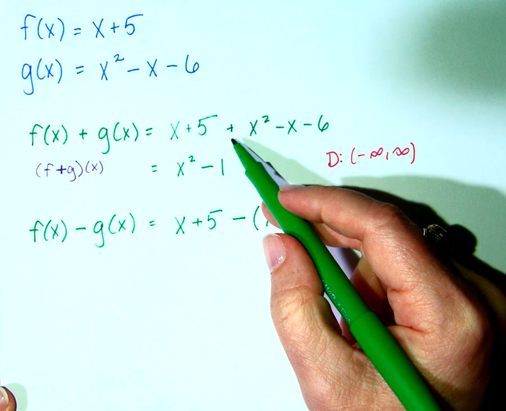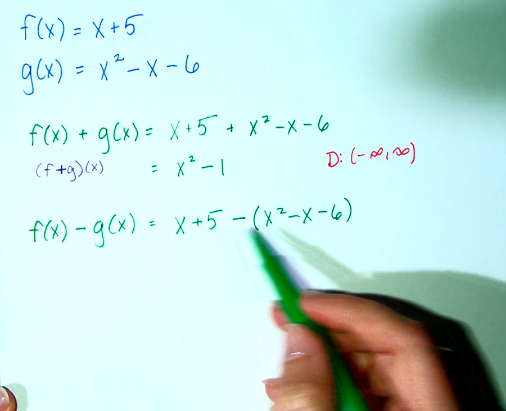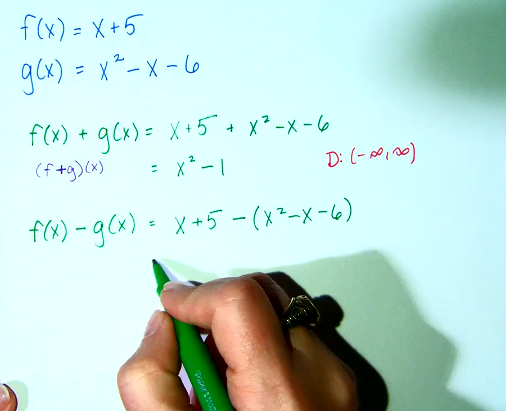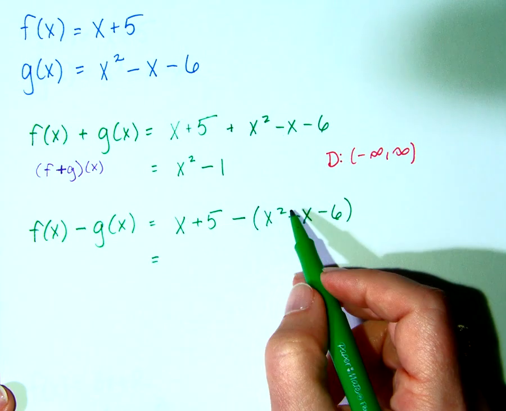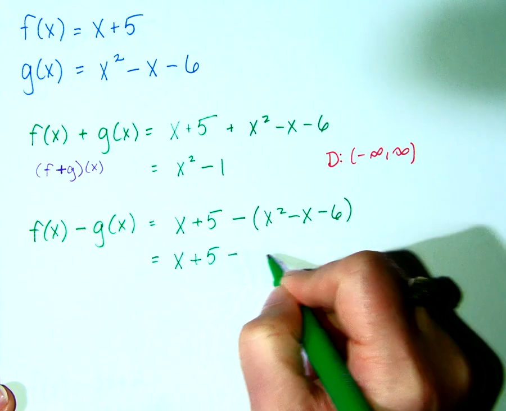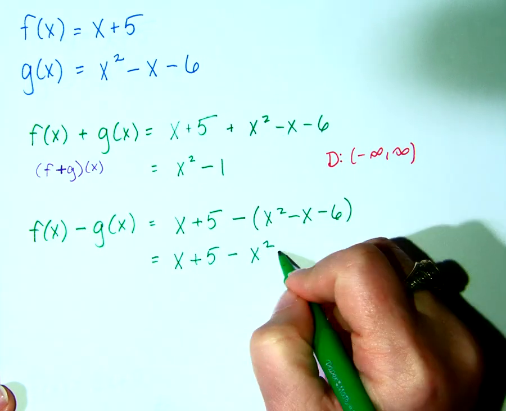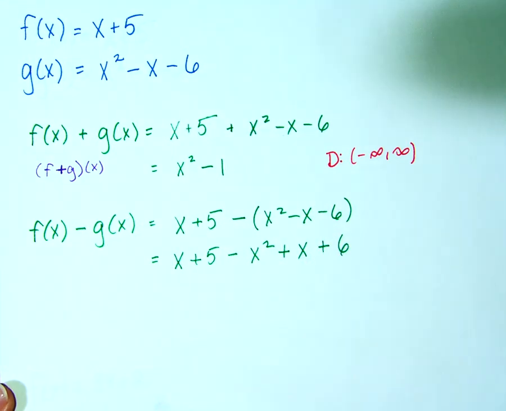Does it matter what order you add stuff in? No. Does it matter what order you subtract stuff in? Yes. Okay? So what do I have to do with this negative sign to begin with? I do have to distribute. So x plus 5 minus x squared plus x plus 6.